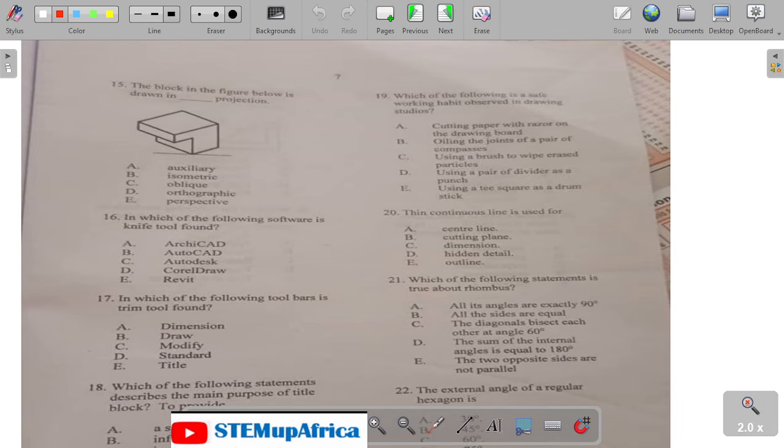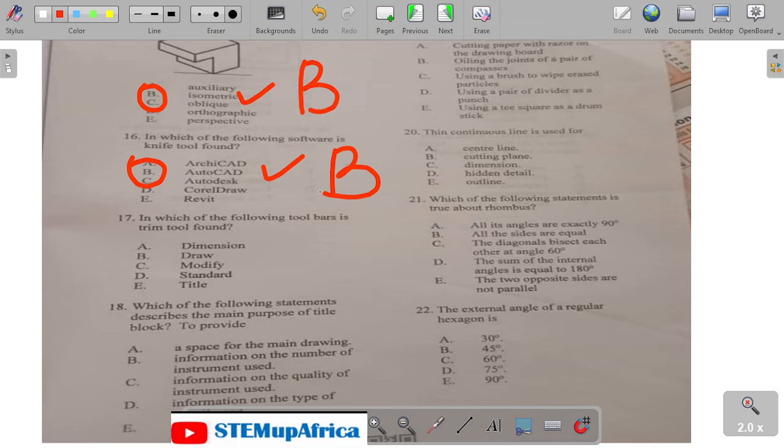Let's look at 15. The figure below, without being told, is an isometric drawing. B. Which of the following software is the knife found in? You can find the knife in AutoCAD. B. We use it to trim. Which of the following toolbars is it found in? It is Modify.